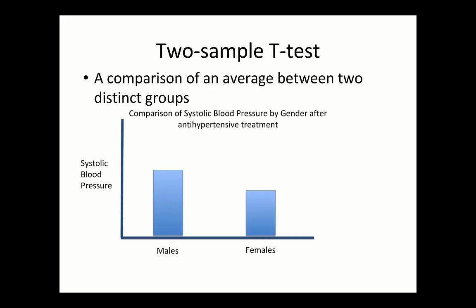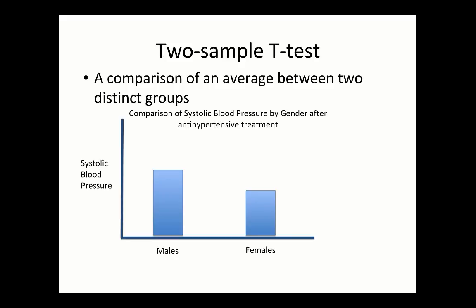The null hypothesis is the average systolic blood pressure after antihypertensive treatment is the same between males and females. What is the alternative hypothesis? The alternative hypothesis is that the average systolic blood pressure after antihypertensive treatment is not the same between males and females.